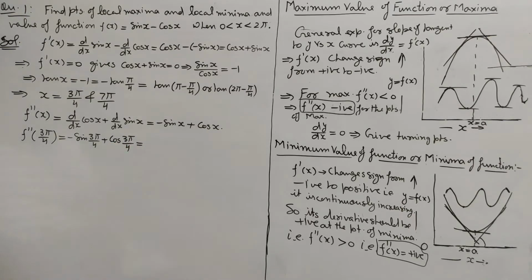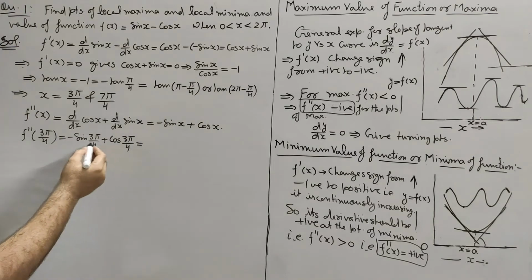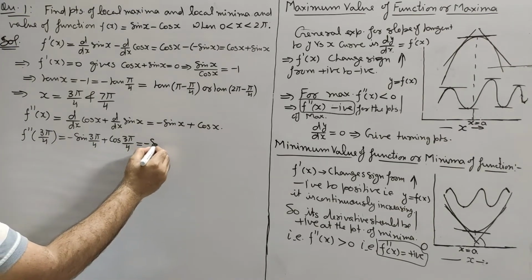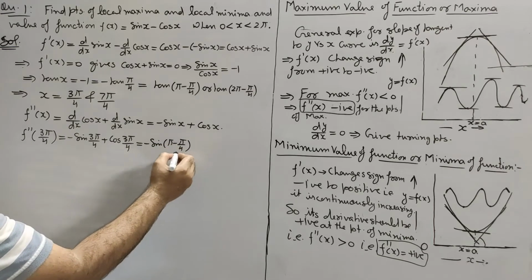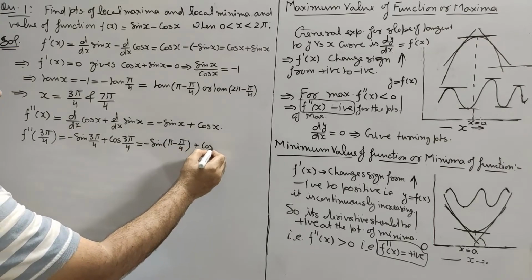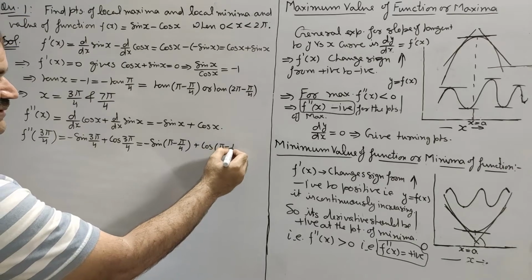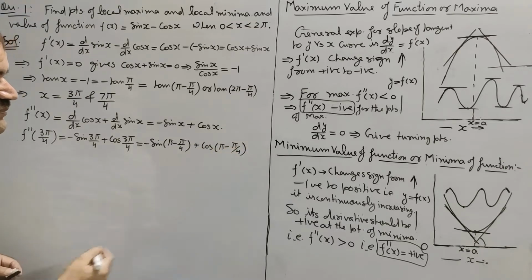And already we know 3 pi by 4 is pi minus pi by 4. So we can write minus sin of pi minus pi by 4 plus cos of pi minus pi by 4.